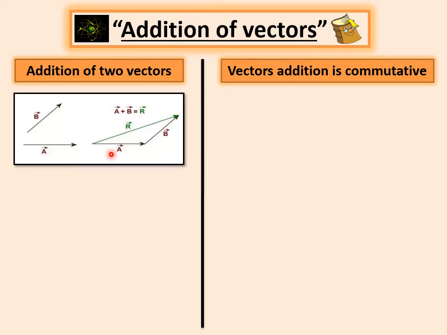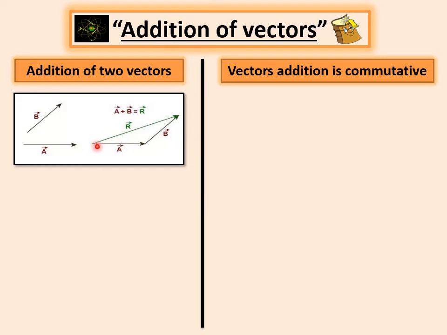According to the head to tail rule, we join the tail of the second vector to the head of the first vector, like vector A. This is the representation of the head to tail rule. This is our first vector, and to its head we have joined the tail of our second vector, vector B. Now the final form is the representation of the resultant.